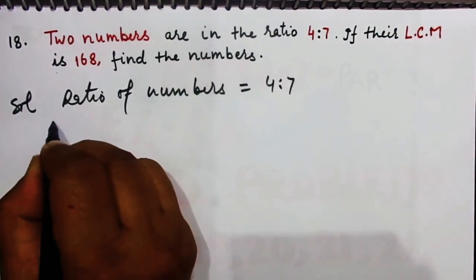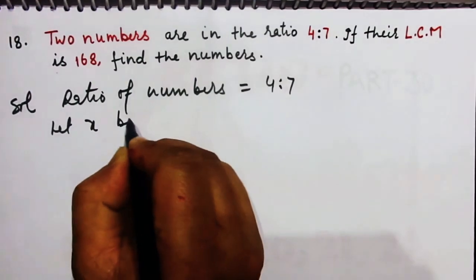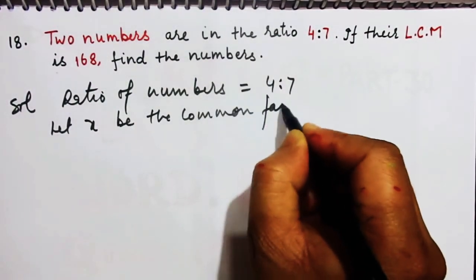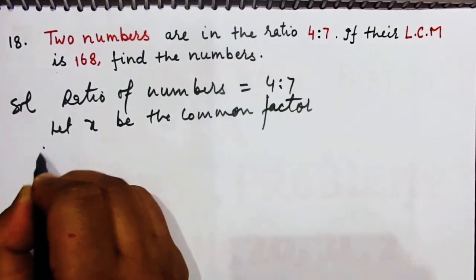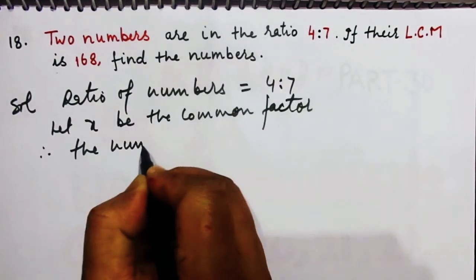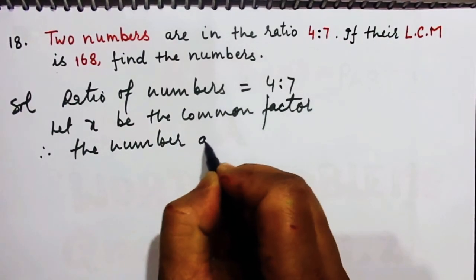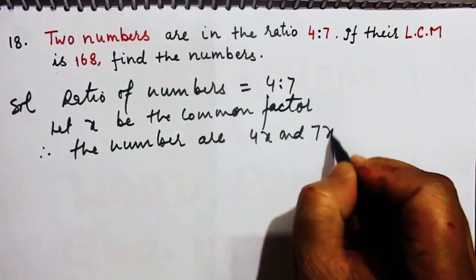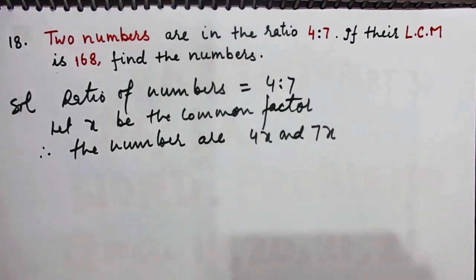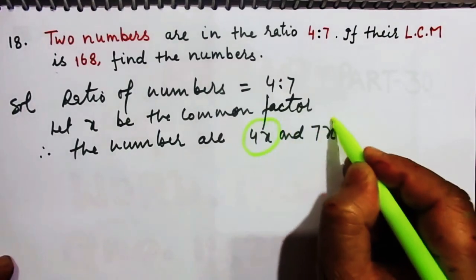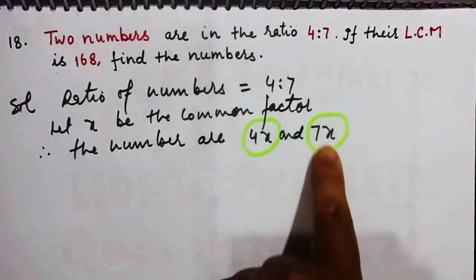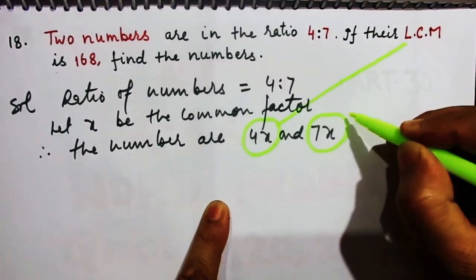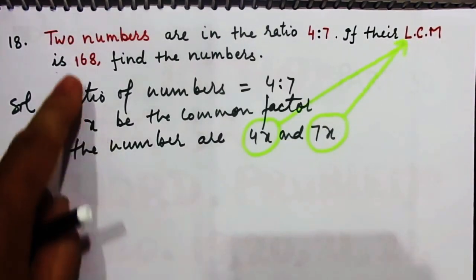Let x be the common factor. Now when x is the common factor, the numbers are 4x and 7x. So they were talking about these two numbers only, 4x and 7x. But they say that the LCM of these two numbers is 168.